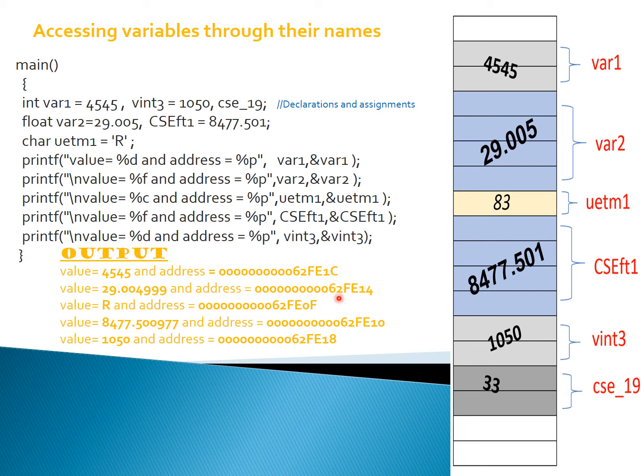Again, these addresses will be different on your machine, but for the value of the variable you will get the same output. So this is a very simple example, and that's how we access variables through their names. You are already familiar with these simple statements, and we can access the contents of these variables using format specifiers. So in this program, we access the contents of these variables using their names.